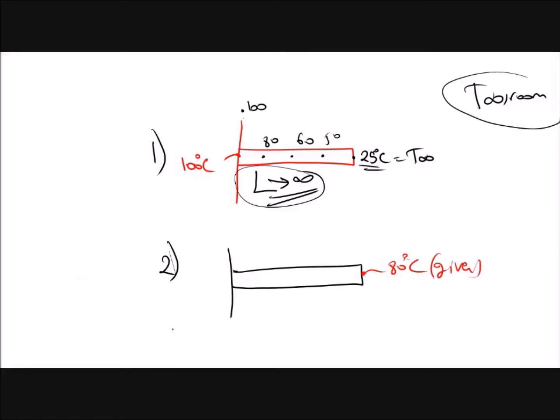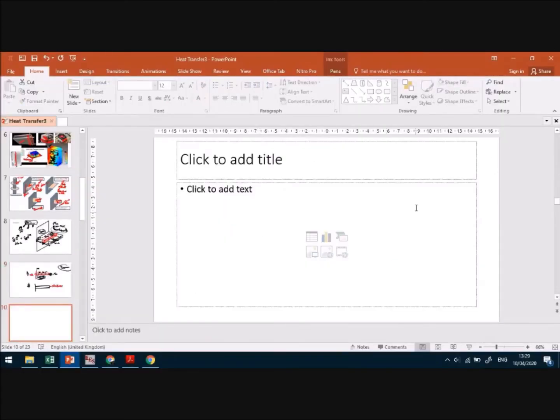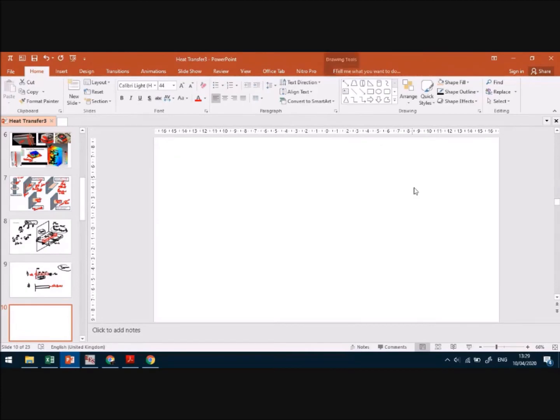And the third condition is that the temperature doesn't change at the tip. Let's say adiabatic tip, and most of the time you have the adiabatic tip. Adiabatic tip means this is the fin, and the area here is very small.